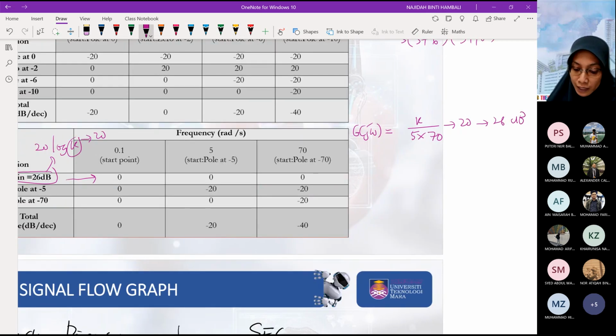Okay. So you kena kira K pula. Berapa nilai K kalau you nak tulis dalam S domain transfer function?